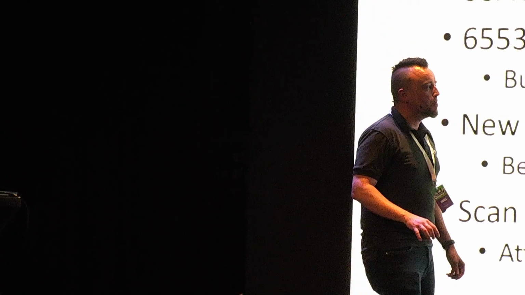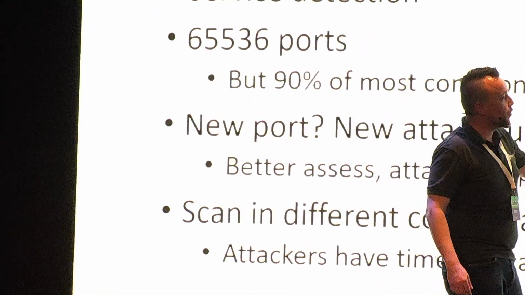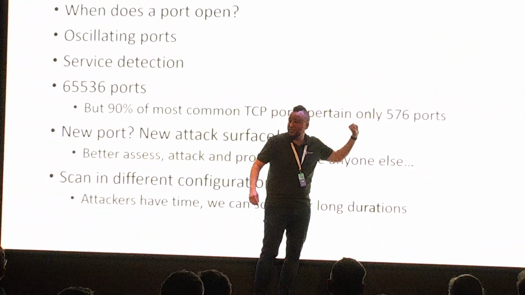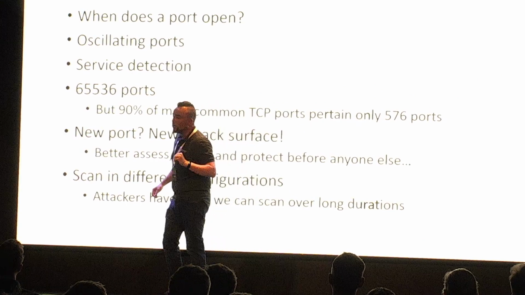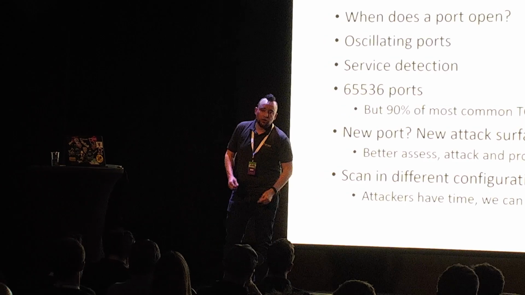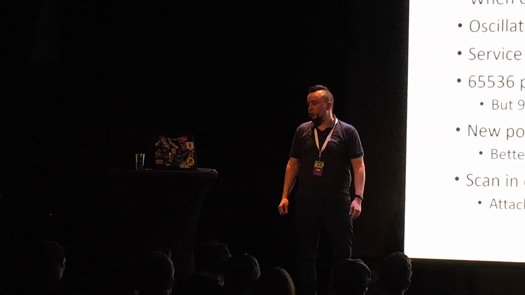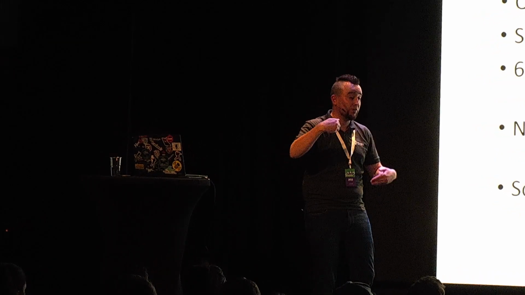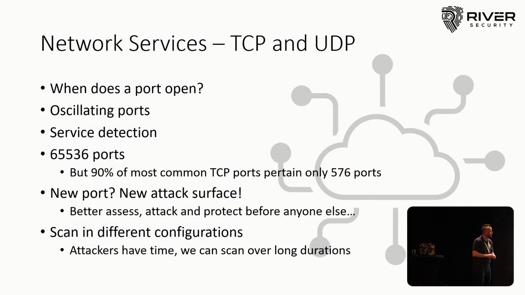For example, according to Nmap, at least, I know some of the data is a bit old, according to Fyodor and Nmap, by scanning the 576 most common ports, you will find 90% of the available attack surface by only scanning close to 600 ports. That's much more effective, and you can do it on repeat. You can scan at higher, better, faster intervals so that we can find if something is happening. Once something is discovered, you can jump on it immediately.